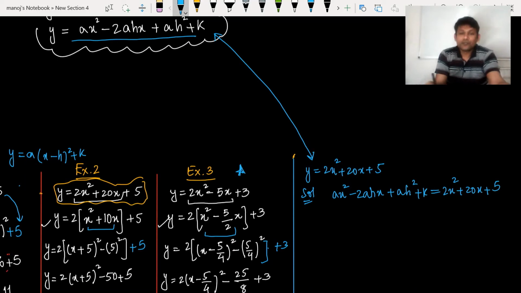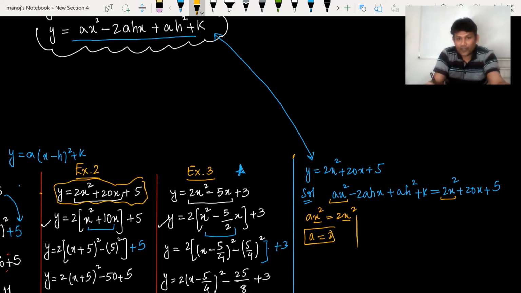What does the student do here? Like this x square, there is no x square, and this x square. So you can write 2x square. X square is the same, so you can write a is equal to 2. Okay, the value of a is 2. We have done the first step.